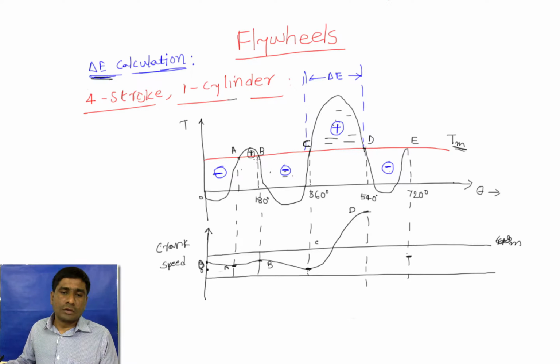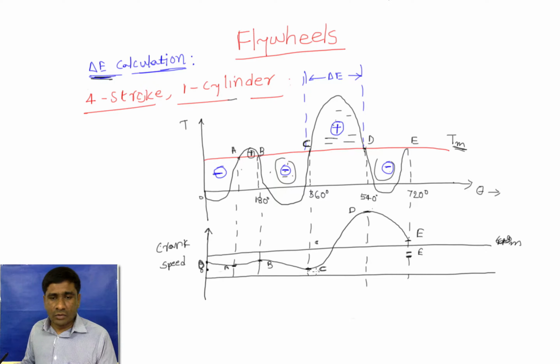So compared to point D, if you take point D and point B, the velocity at point B is very low compared to point D. So if you treat these two deficit areas, this one and this one, as equal, then the velocity at E always should be greater than the velocity at C, because the predecessor point B is at a low velocity compared to the point prior to E. D is the point prior to E, but this is at a higher velocity, so it would be something like this, or it can be like this, but still it shouldn't be less than the velocity at point C.